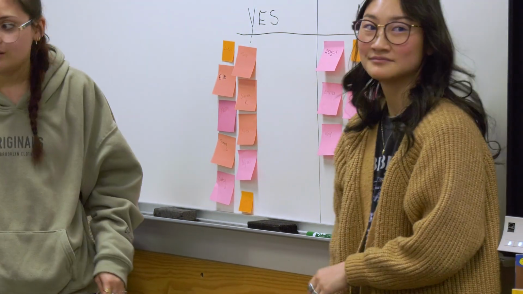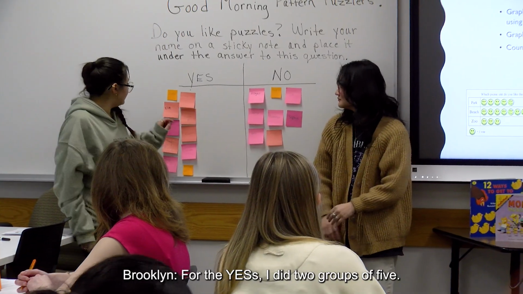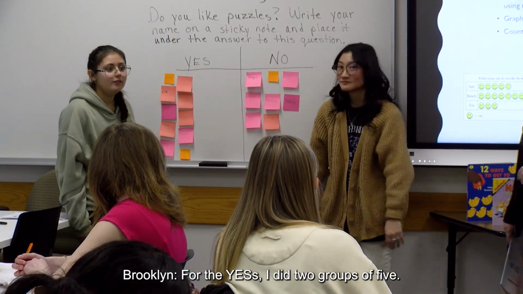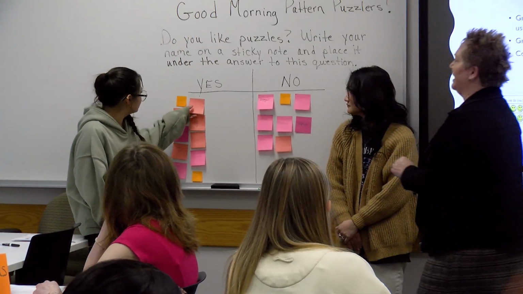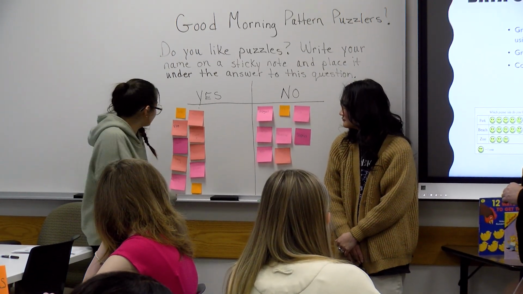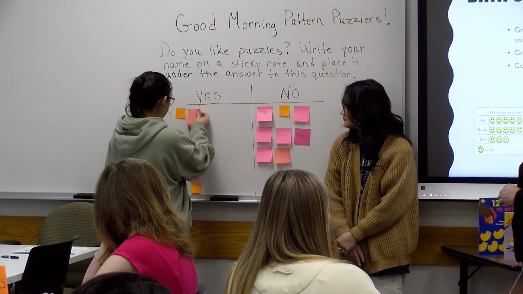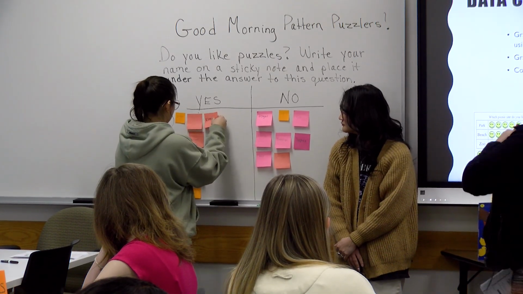Okay, so tell us what you did. How'd you organize it? For the yeses, I did 2 groups of 5. Ooh, can we turn it and make it look like a 10 frame? Can you turn it so it looks like a 10 frame? Like the 5s going, yes.